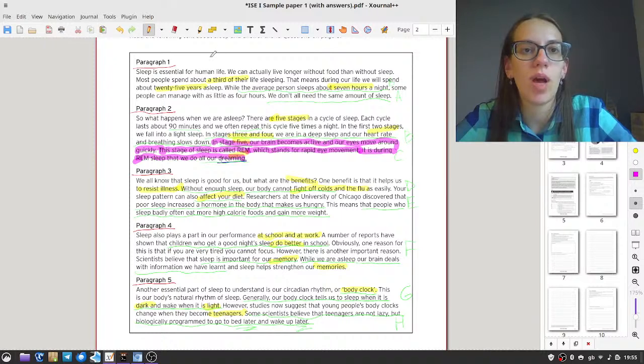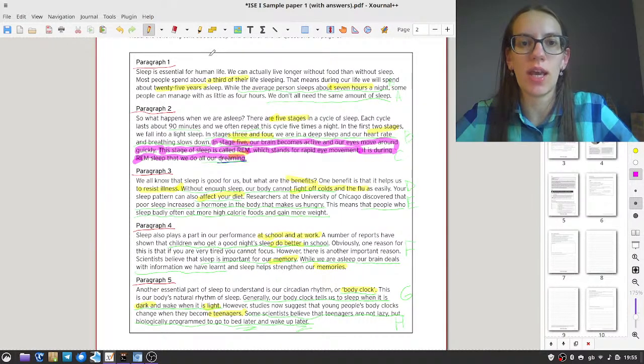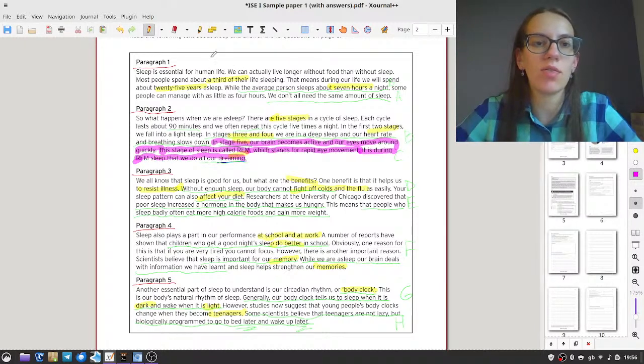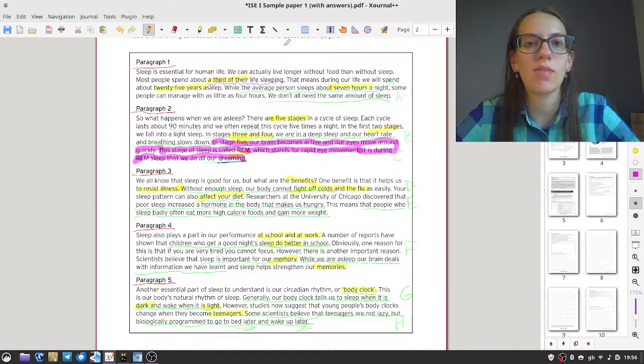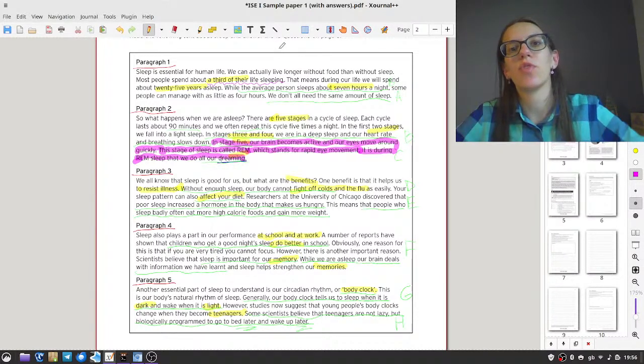So I would say it's from paragraph 1. In paragraph 1 we talk about how much we sleep. Sleep is essential for human life. We can actually live longer without food than without sleep. Most people spend about 1/3 of their life sleeping. So we have this information here, 1/3 of their life. Okay. But is there a better phrase I could use?